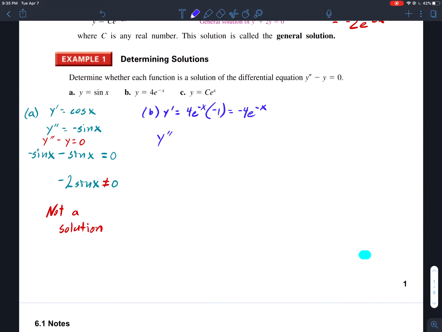And then y double prime, that negative is just going to end up being multiplied again, so it becomes positive 4e to the negative x. All right? If I plug that in, 4e to the negative x minus 4e to the negative x is, of course, 0. And so, yes, it is a solution.